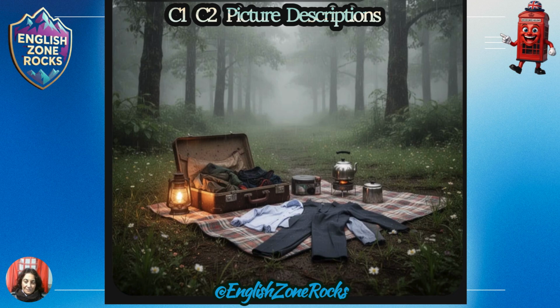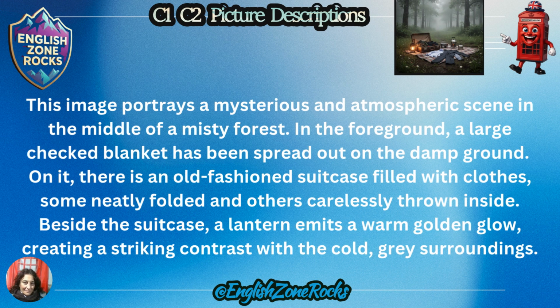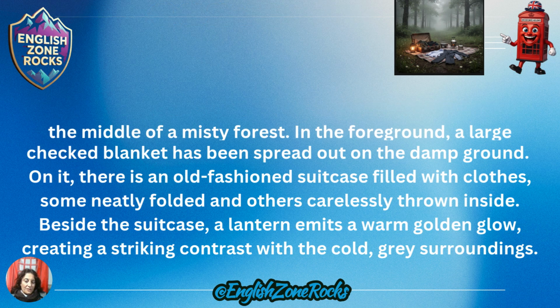C1 level picture description. This image portrays a mysterious and atmospheric scene in the middle of a misty forest. In the foreground, a large checked blanket has been spread out on the damp ground. On it, there is an old-fashioned suitcase filled with clothes, some neatly folded and others carelessly thrown inside. Beside the suitcase, a lantern emits a warm golden glow, creating a striking contrast with the cold, gray surroundings.